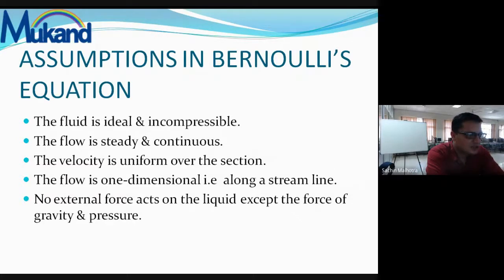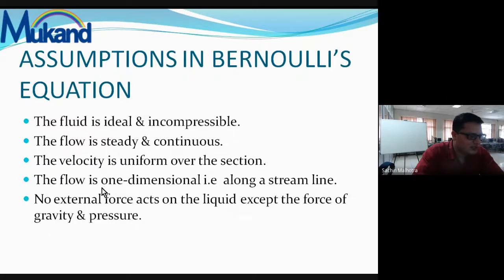Next are the assumptions in Bernoulli's equation. In deriving the Bernoulli's equation, there are some assumptions which are to be followed. First, the fluid is ideal and incompressible. I have already told you about the ideal fluid and incompressible fluid. Second, the fluid flow is steady and continuous.